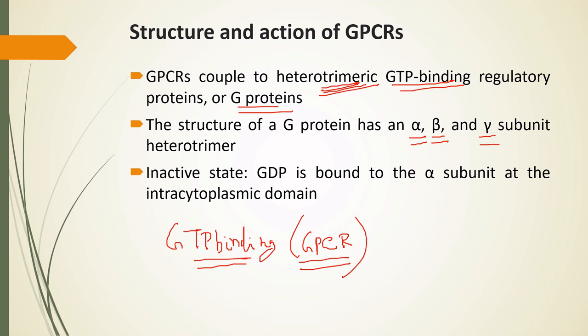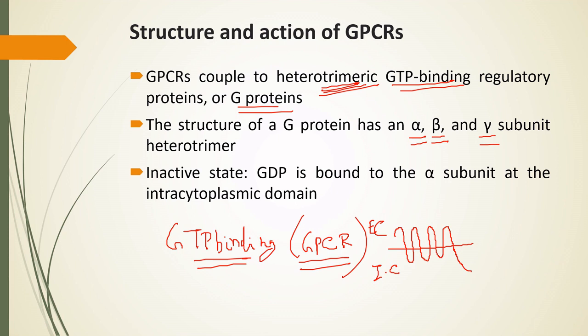In the inactive state, what is happening? Let us suppose that this is a G protein coupled receptor. Let us suppose this is the extracellular component, this is the intracellular component.